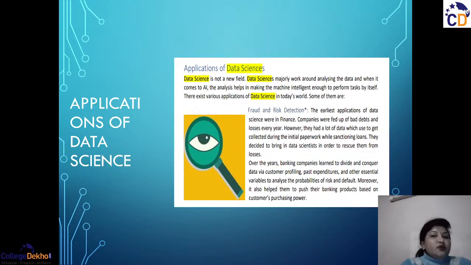So why not use an AI enabled system to predict whether the person to whom you are giving the loan is reliable, and able to pay back your loan or not, right? Rather than bearing the losses, it would be beneficial for the company to have a prediction system that tells you the person is reliable and you may proceed.